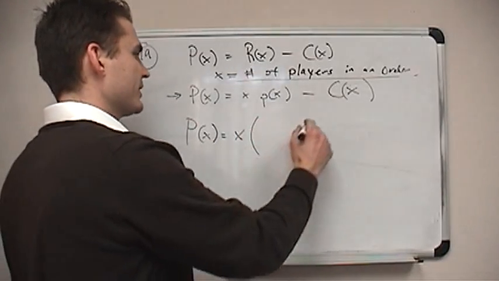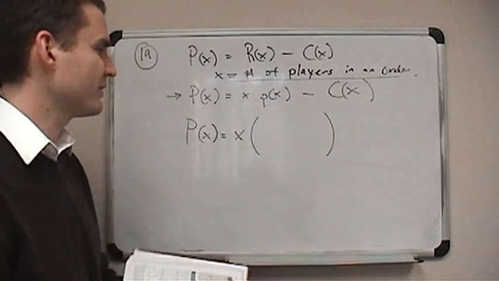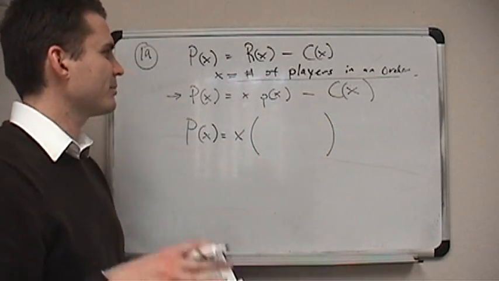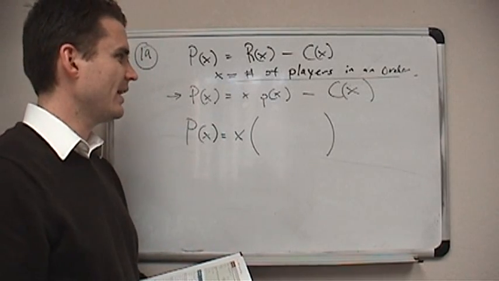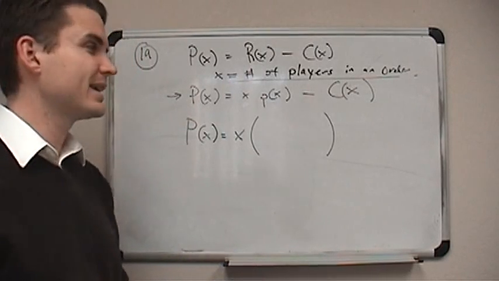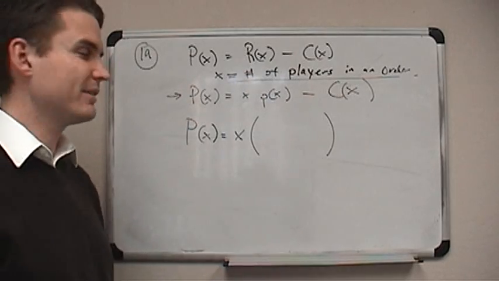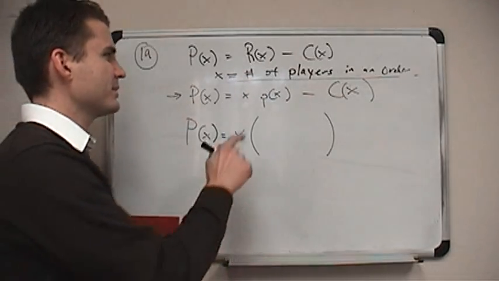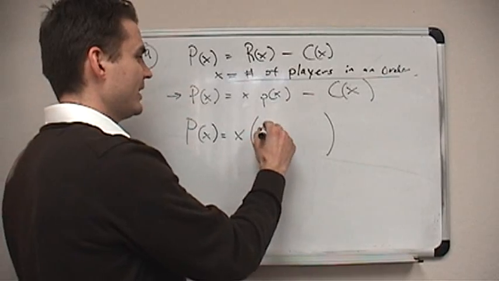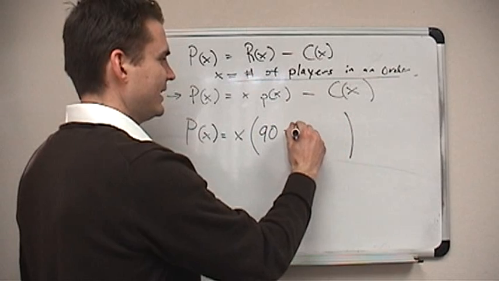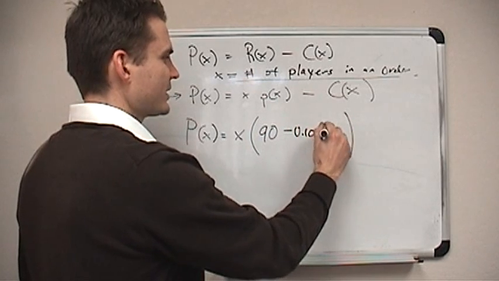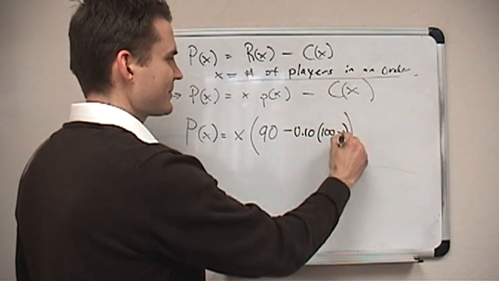Now this is a little bit tricky, and it's probably the toughest part of the setup here. They say that the price they sell them for is $90. However, they reduce the price 10 cents for each order in excess of 100. So the price we charge per unit is going to be $90 minus 10 cents times x minus 100.